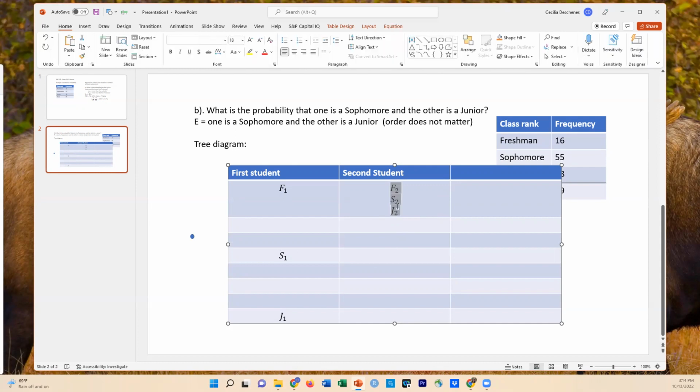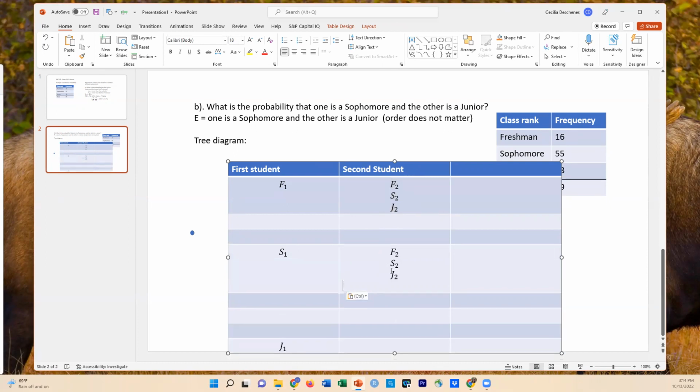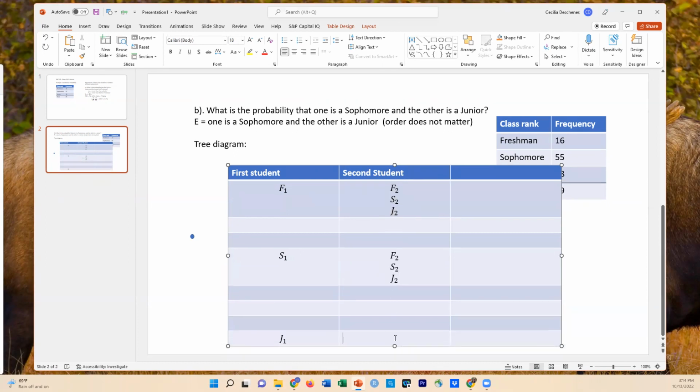And we basically are going to copy this over for each one of our choices of whatever happened on the first student.